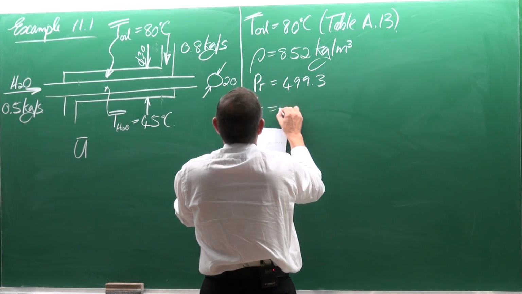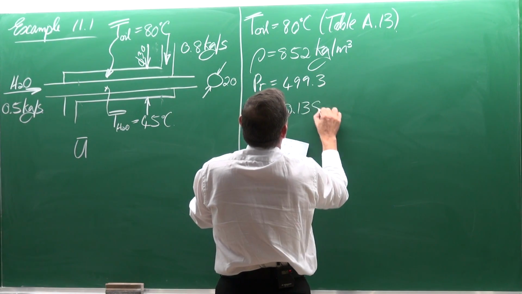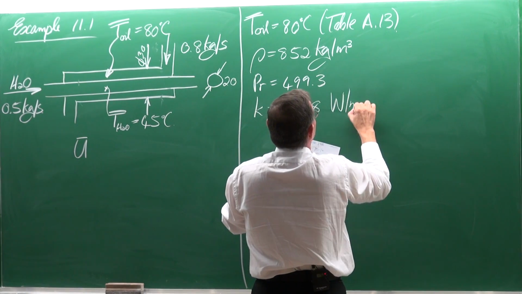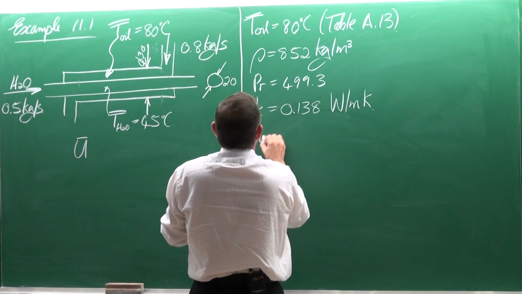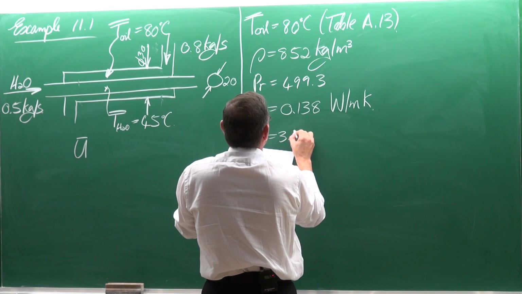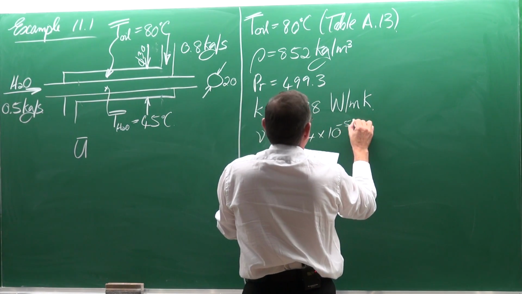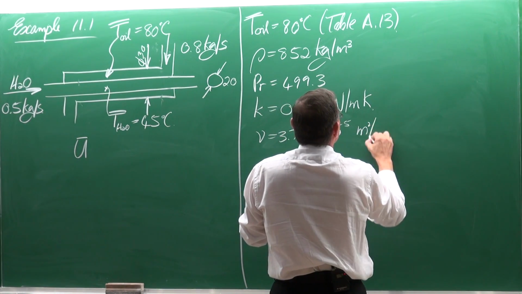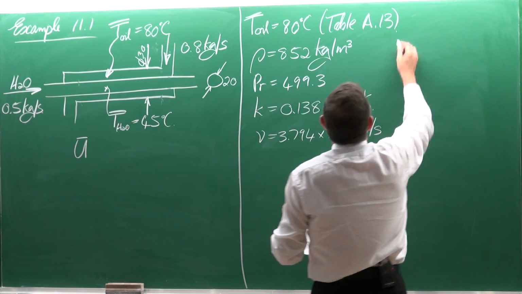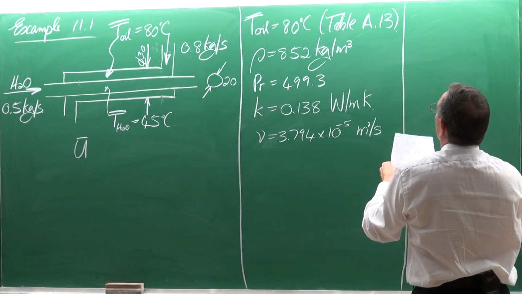The thermal conductivity k is equal to 0.138 watts per meter Kelvin. The kinematic viscosity is equal to 3.794 multiplied by 10 to the minus 5 square meters per second. Okay, that is for the oil.